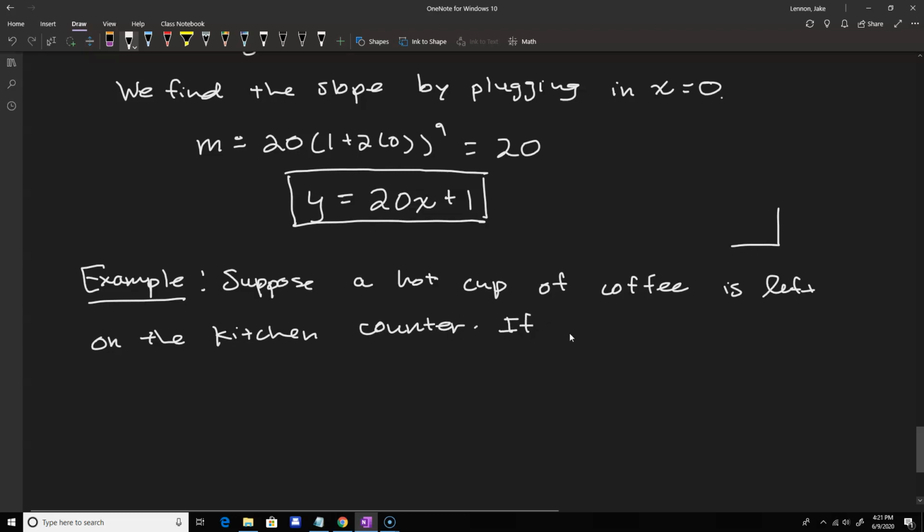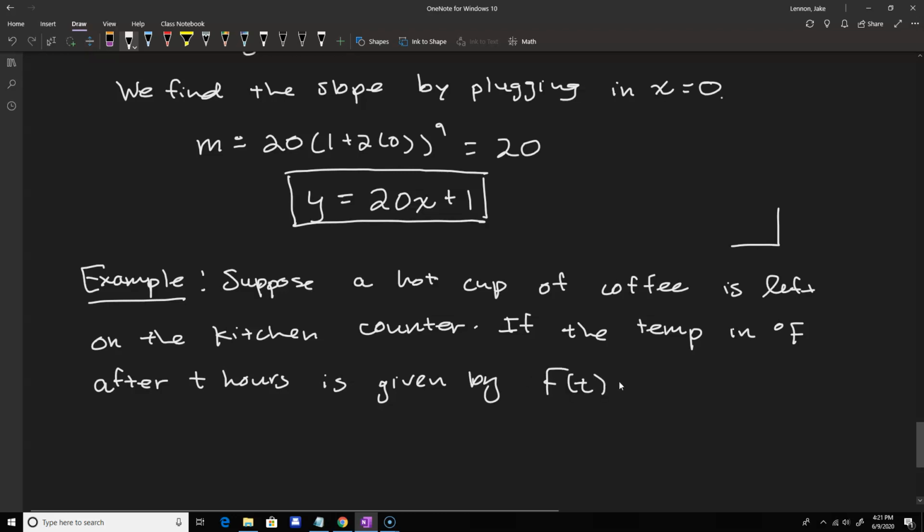If the temperature in degrees Fahrenheit after t hours is given by the formula capital F of t equals 75 plus 105 times 0.62 raised to the t, find the instantaneous rate of change after an hour and a half.